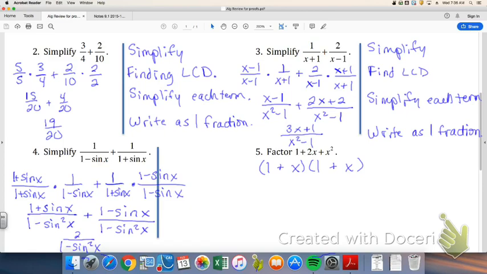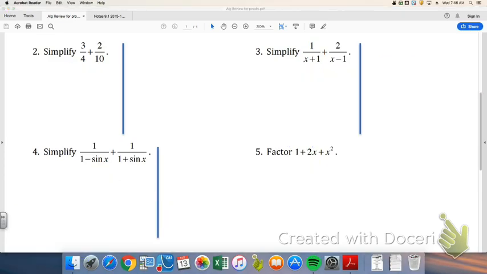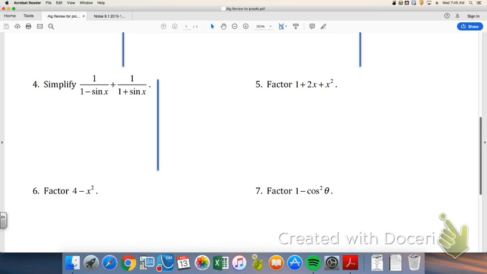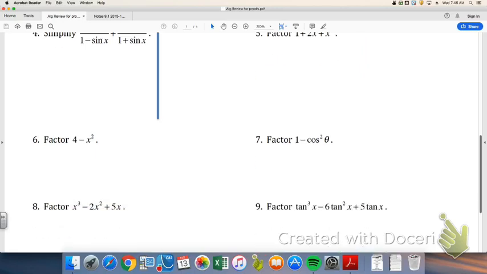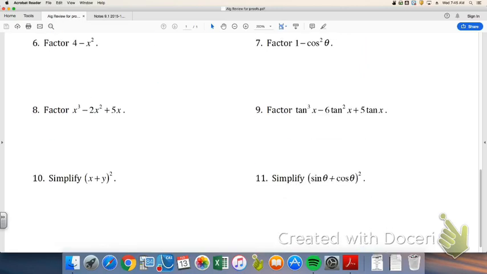Now, let's look at number 6. This time, on number 6, I want to factor 4 minus x squared.